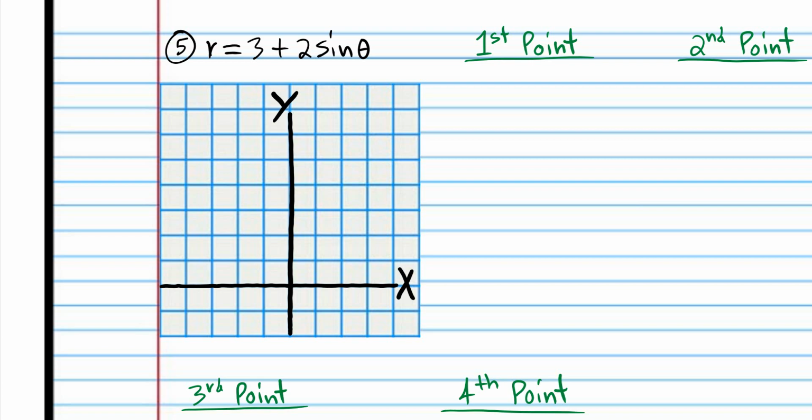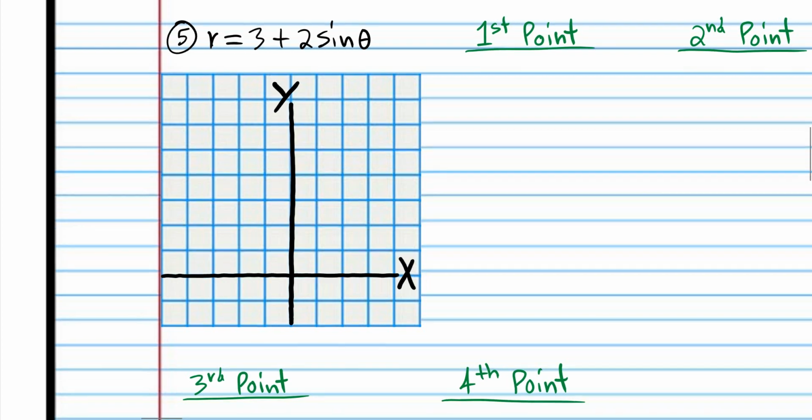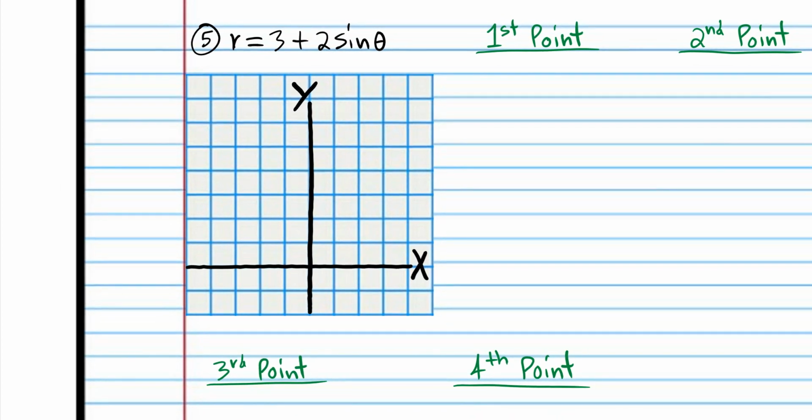And then press graph. You may have to change the window in your calculator, so don't be afraid to do that. In fact, you're definitely going to have to change the window, because in the previous problem our window was pretty small. So wait for the graph to finish graphing and then press the window button. Again, this graph here gives you a clue as to what you're going to need.